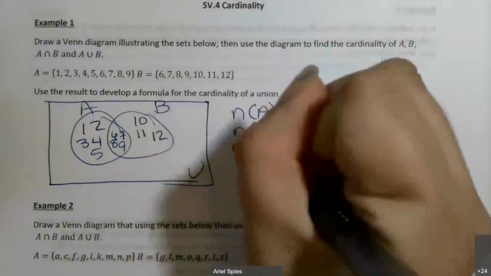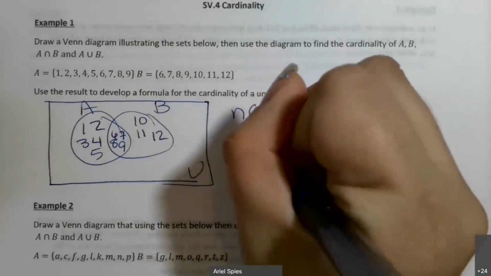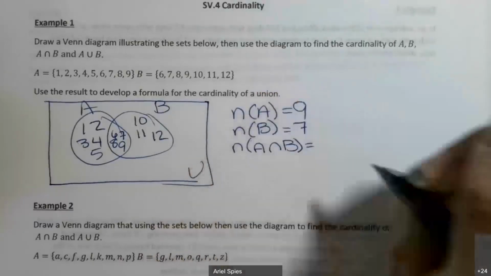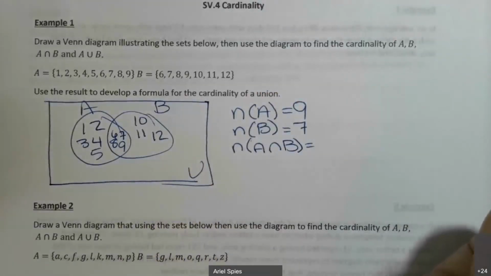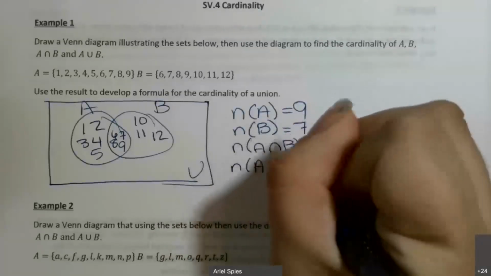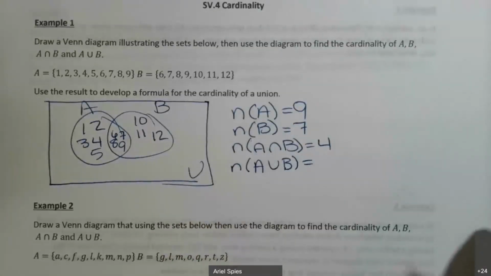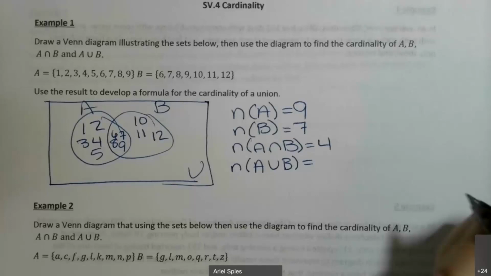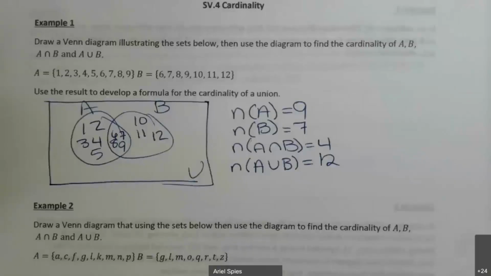What is the cardinality of the intersection of the two? 4. And the cardinality of the union of the two? 12? Yep, 12. Okay. So that's how many total numbers I had between the two sets.